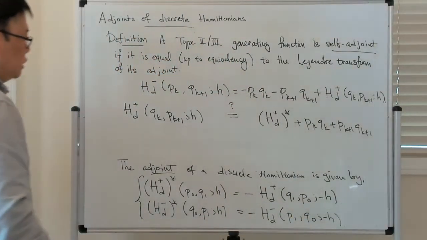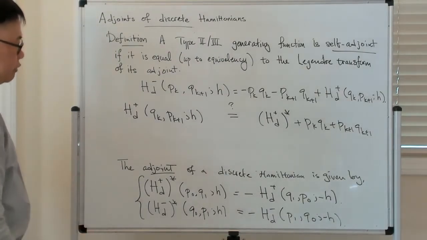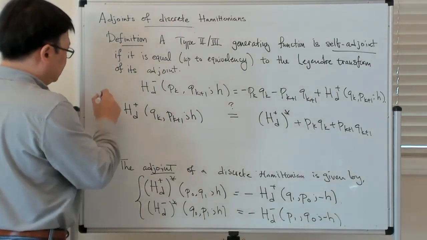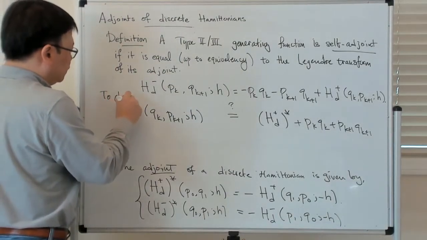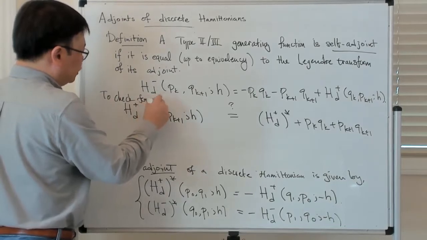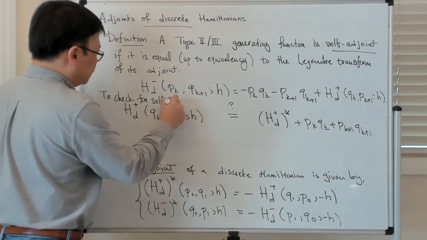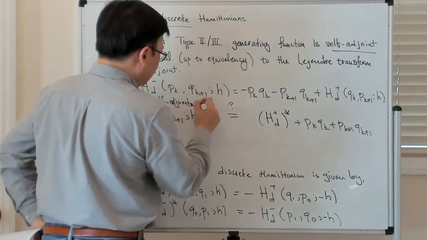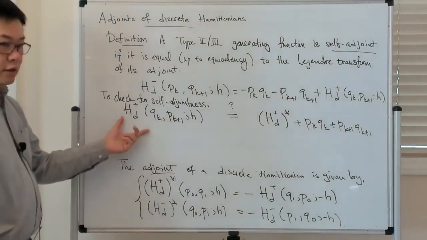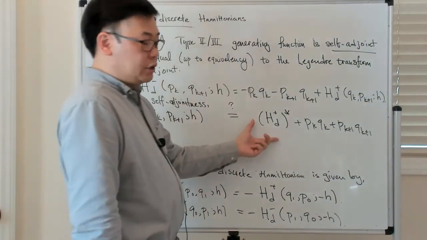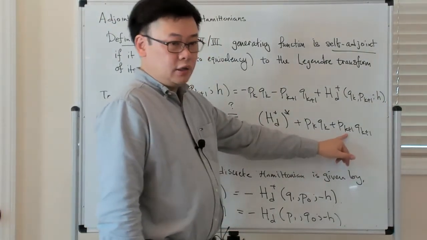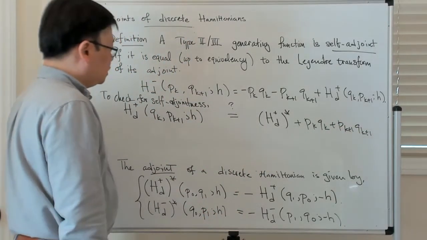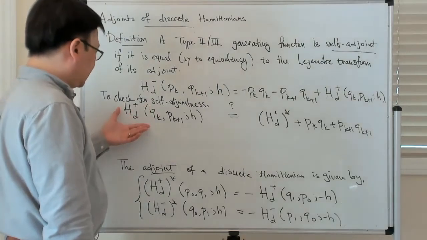So that's basically what has to happen if you want to check for self-adjointness. You take a generating function, you take its adjoint, and then you Legendre transform it so that it's the correct type of generating function. Okay, that's more or less what has to happen.